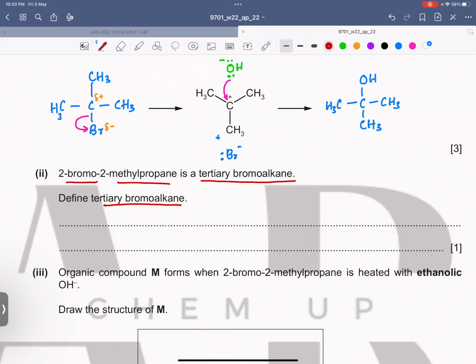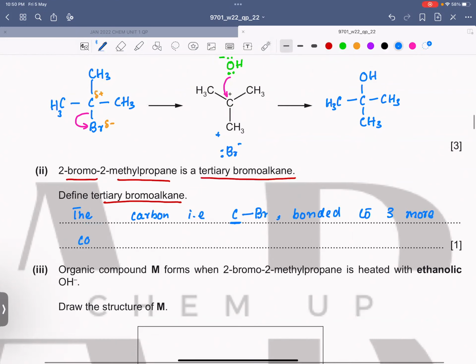So here I write that the carbon that is C bond Br, it means I'm talking about this carbon, bonded to 3 more carbons. So it's a tertiary bromoalkane.